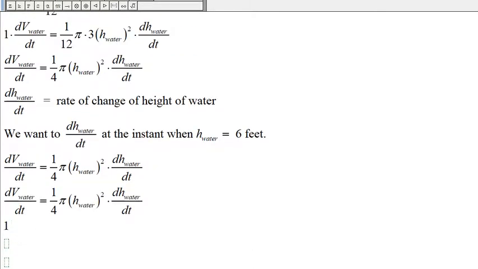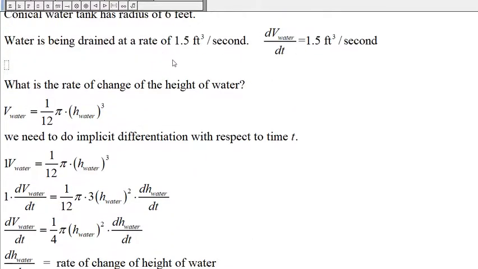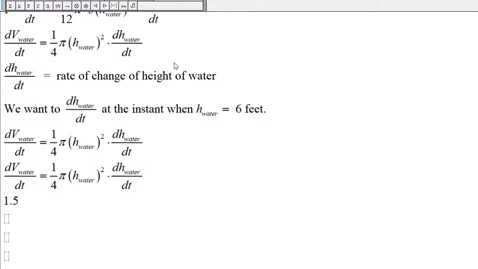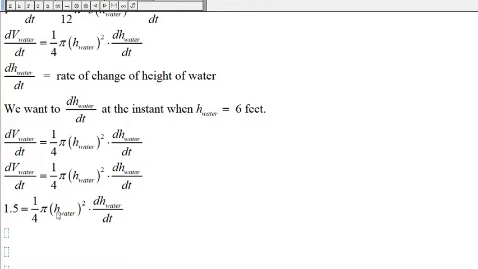We're given that dV dt is 1.5 cubic feet per second, and at the instant when the water's height is 6 feet, dh dt equals 1.5 divided by all of this.